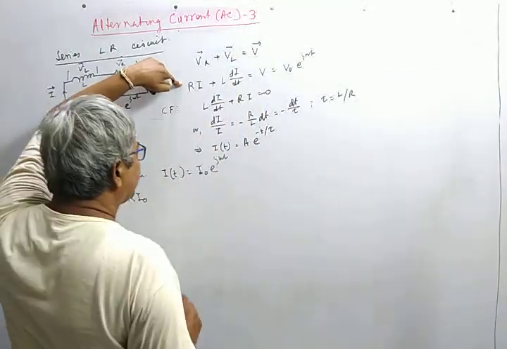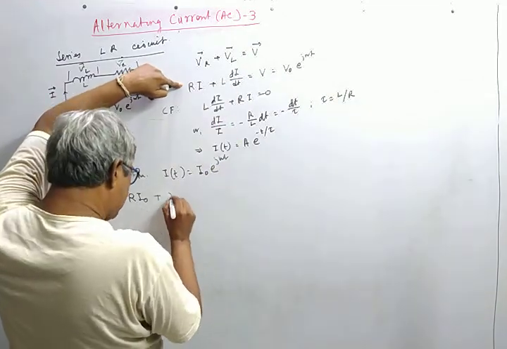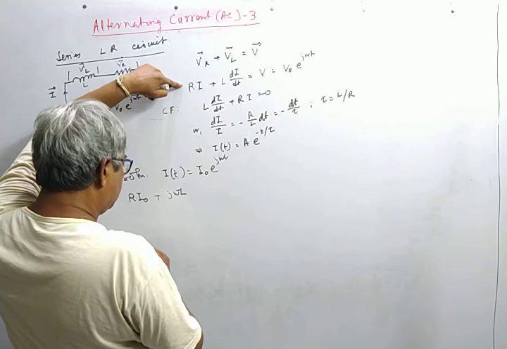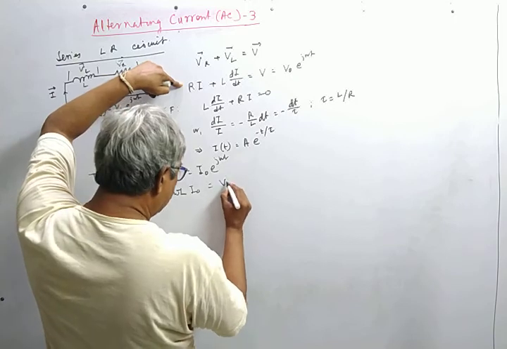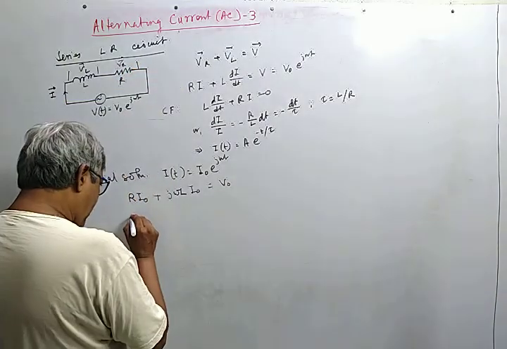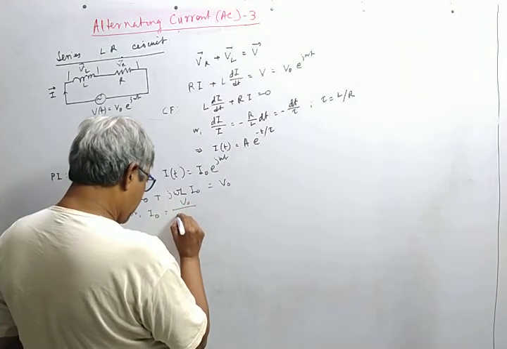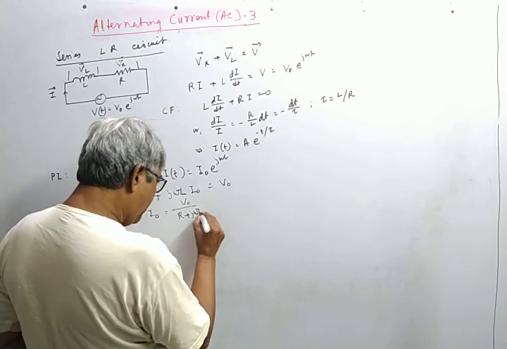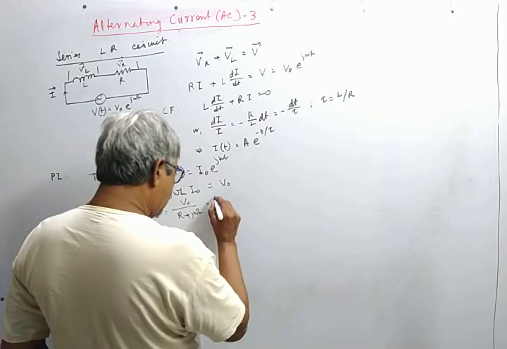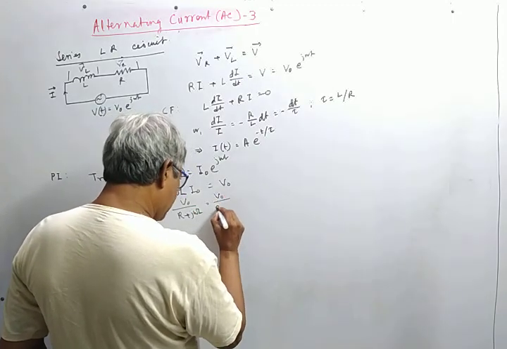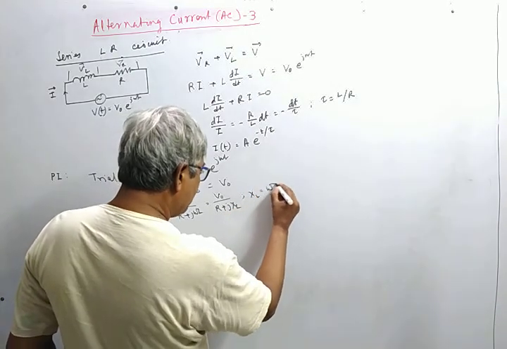E to the power j omega t will be common to everybody, and if we differentiate this, we get j omega L I0 is equal to V0, or we write I0 is equal to V0 by R plus j omega L. We introduce the reactance of the circuit elements. In terms of reactance, it is XL, where XL is equal to omega L.